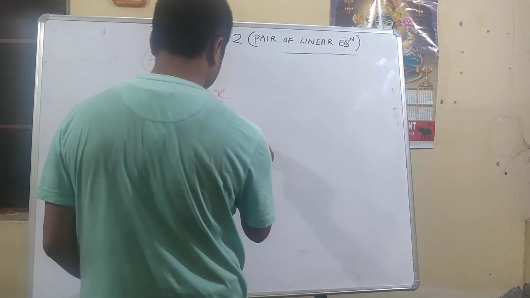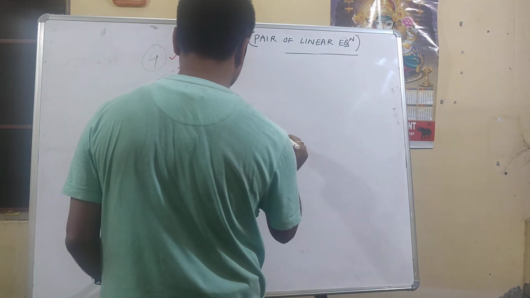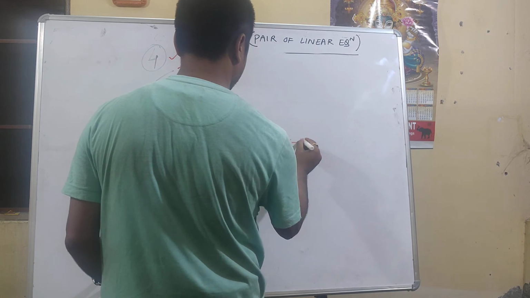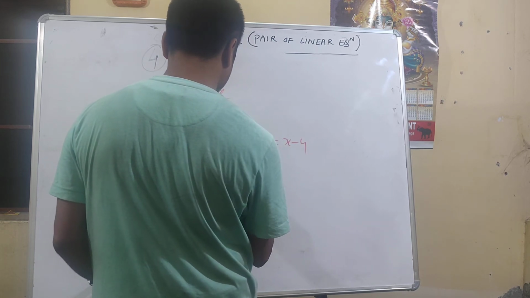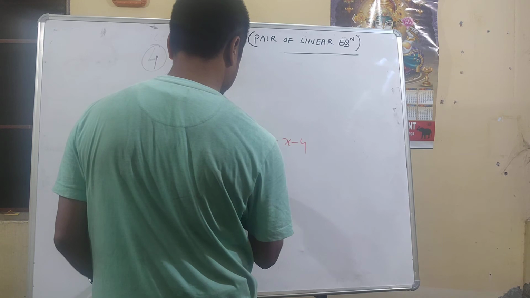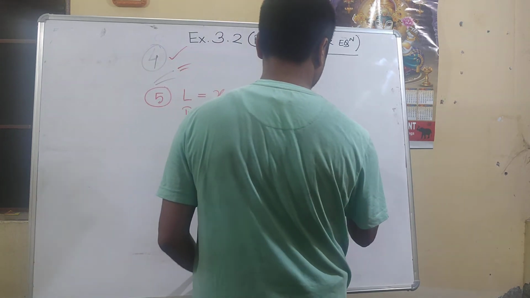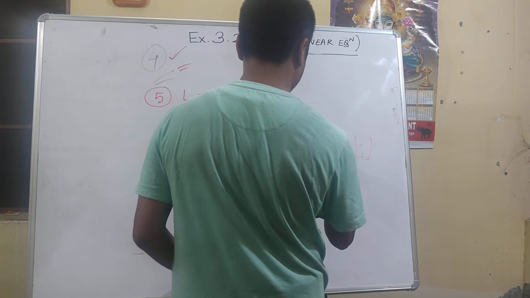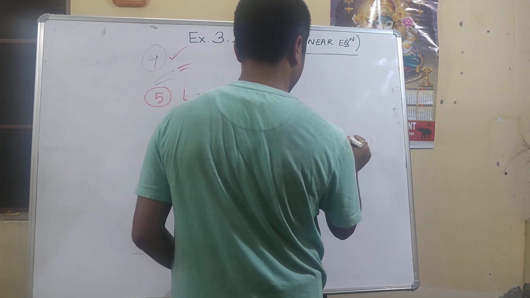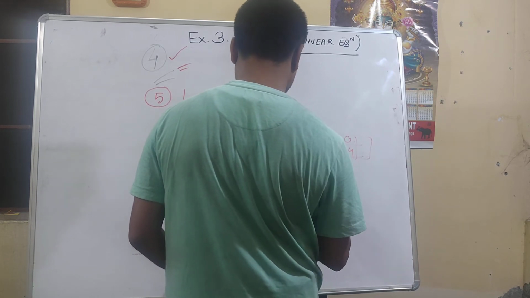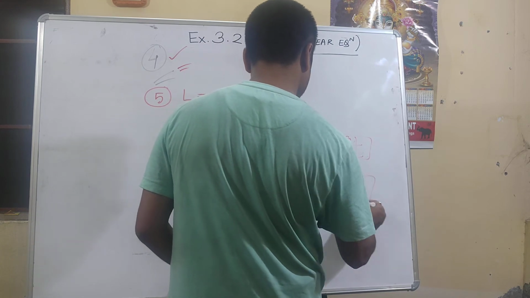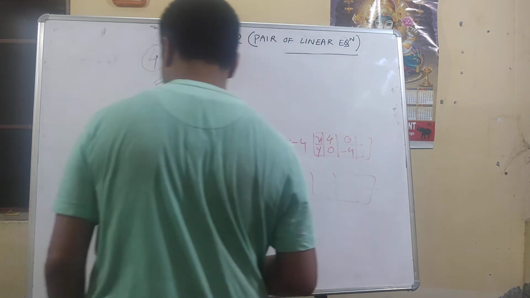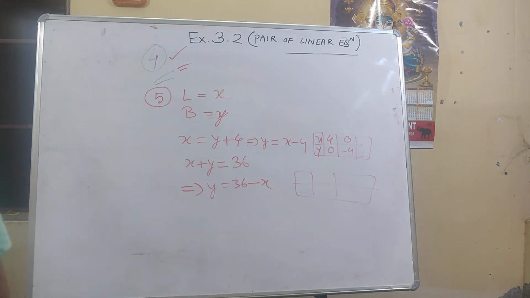Here y is equal to x minus 4 and here y is equal to 36 minus x. Make a table: x, y. If x is 4, y is 0; if x is 0, y is minus 4, like this.